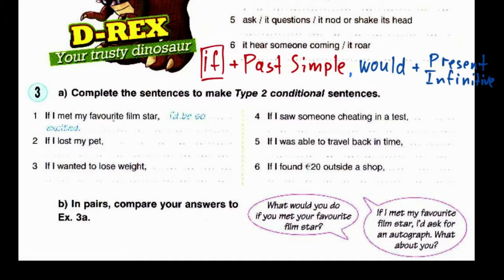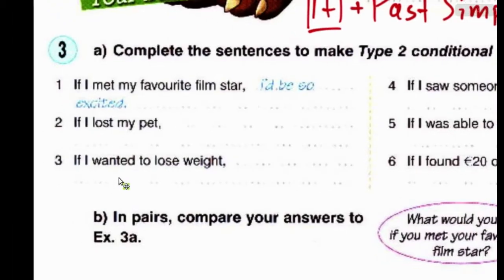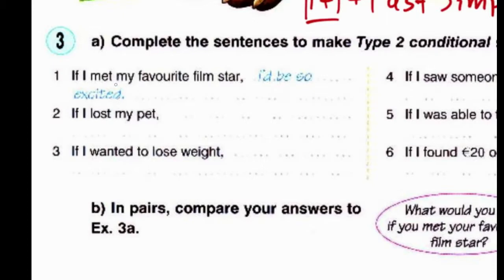So here we have an example, but well, it's not easy to see. If I met my favorite film star, then I would be so excited. So here I have I would be so excited.